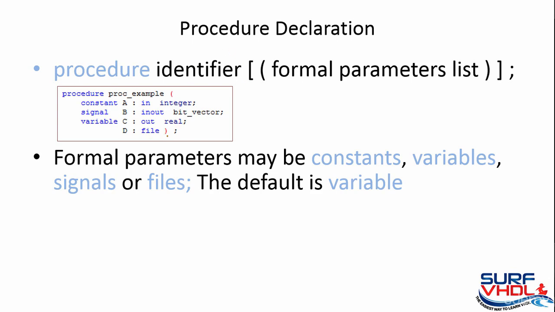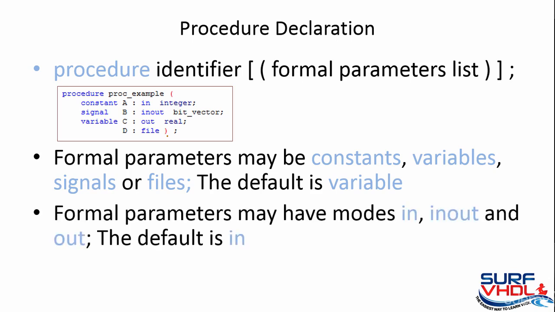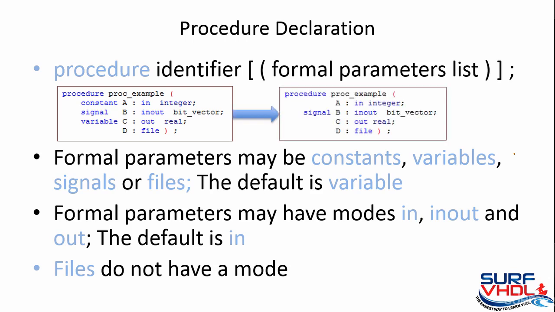Formal parameters may be constant, variable, signals, or files. The default is variable. Formal parameters may have mode in, out, and inout. The default is in. Files do not have a mode. If no type is given, a mode of in is used. Constant is default.